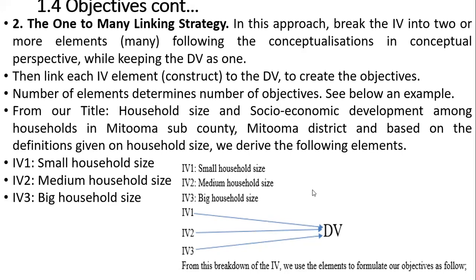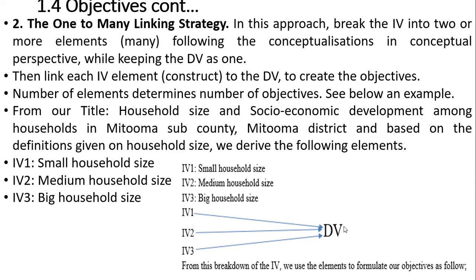As you can see, this is the figure. These are the elements of IV. The DV is one. The arrow shows a link. So each arrow is an objective.